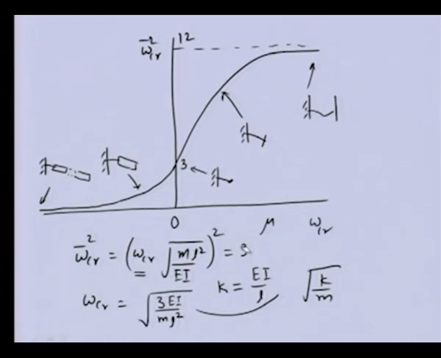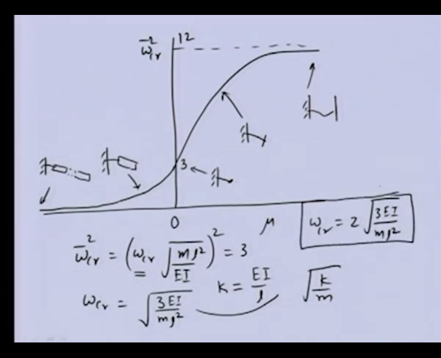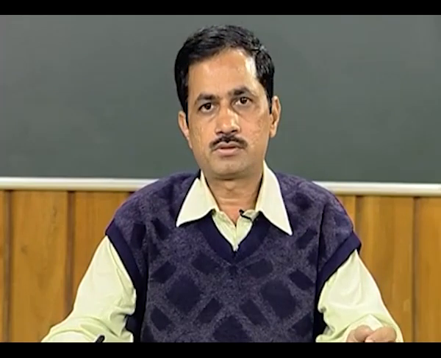Instead of 3, if we use 12, we will get critical speed as twice the critical speed which we obtain with point mass. So, you can see that the increase in the critical speed due to the disk effect could be as high as twice.